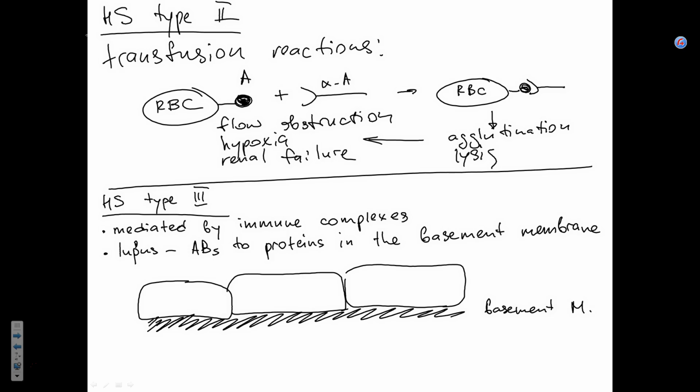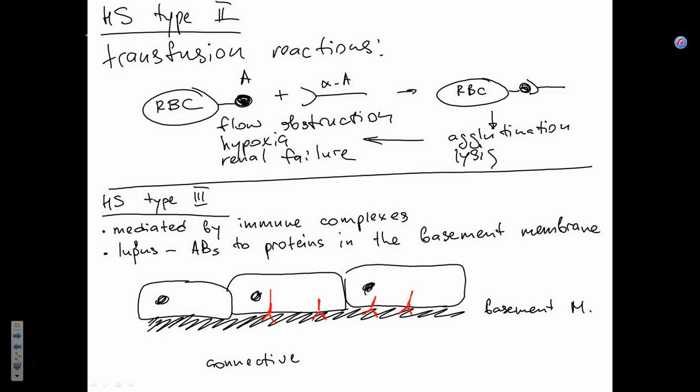The picture and connective tissue is here. Antibodies that are produced, abnormal antibodies, I want to highlight, abnormal antibodies produced by your immune system interact with the proteins in the basement membrane, forming immune complexes.